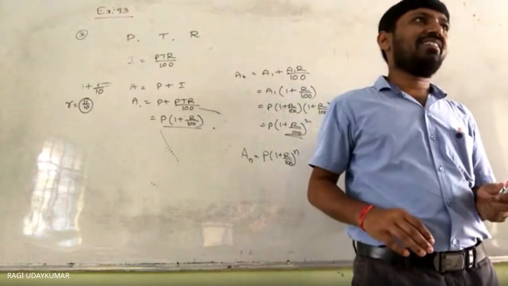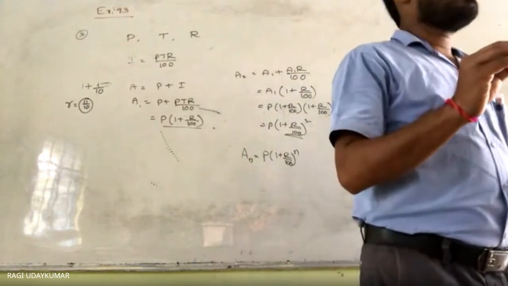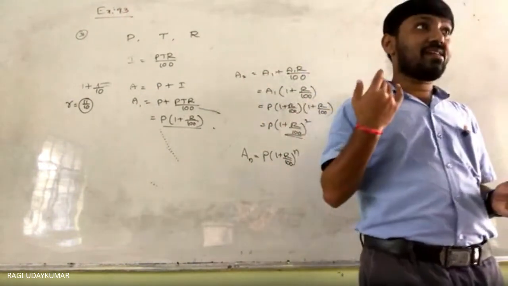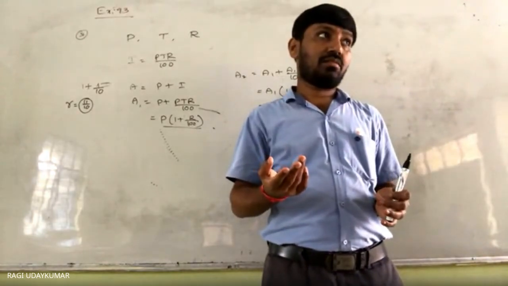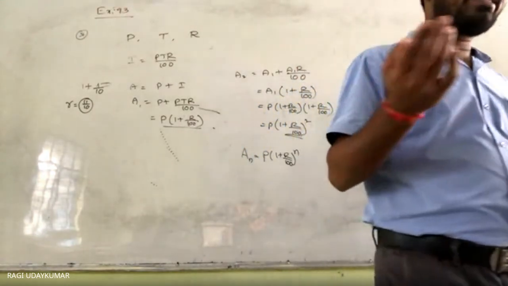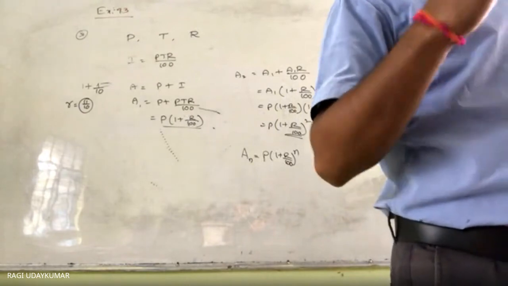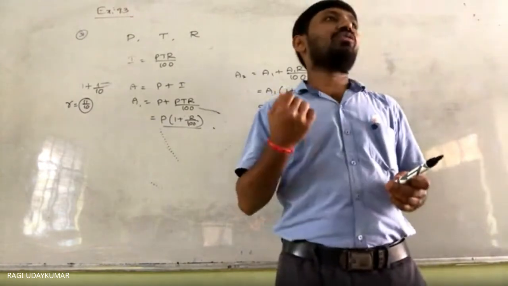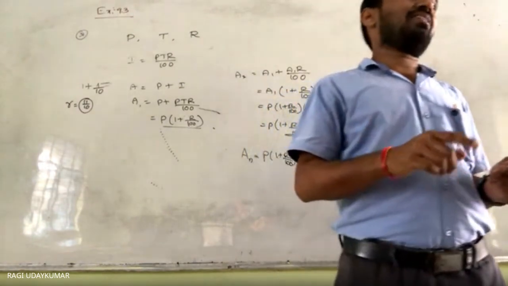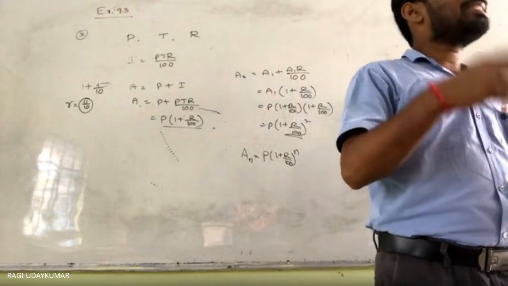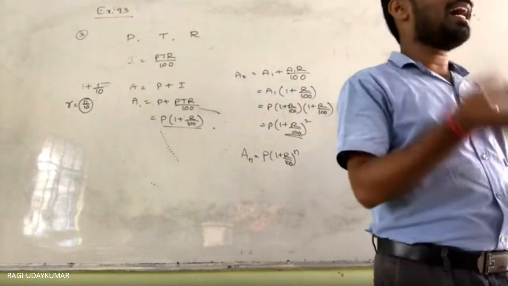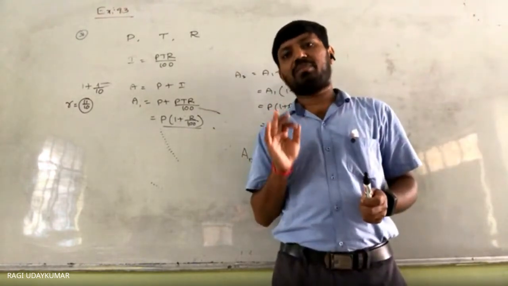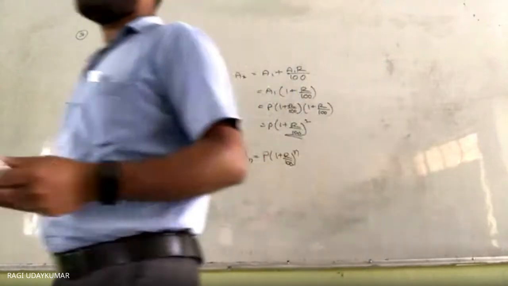Understood the question? The arithmetic mean is 8 and the geometric mean is 5. Try to understand the question properly. Read the question once again.